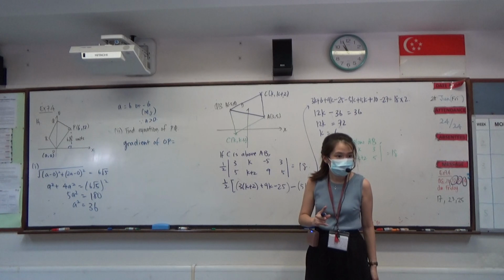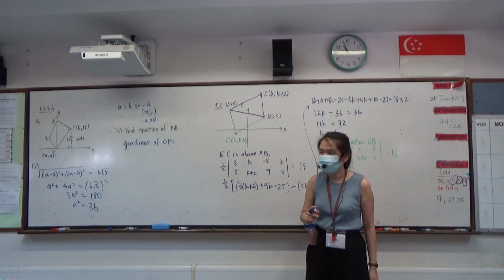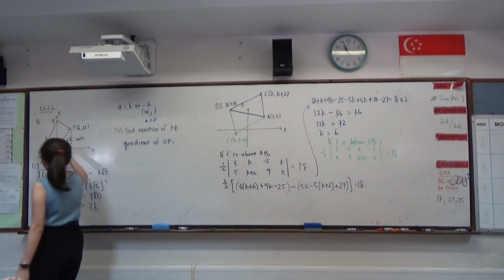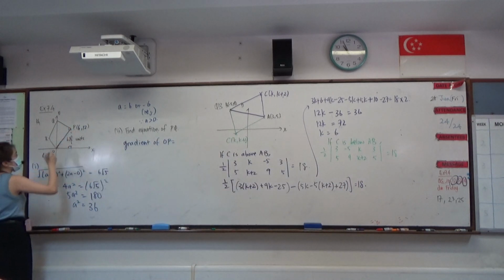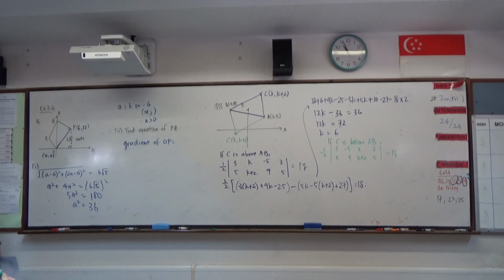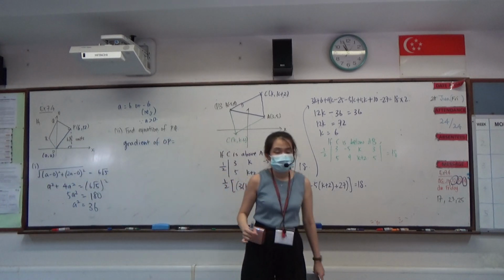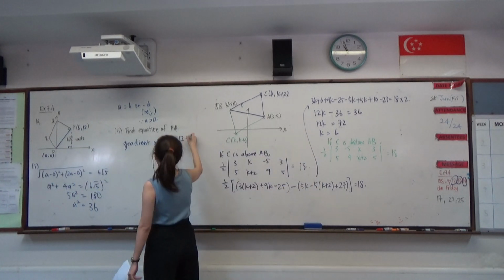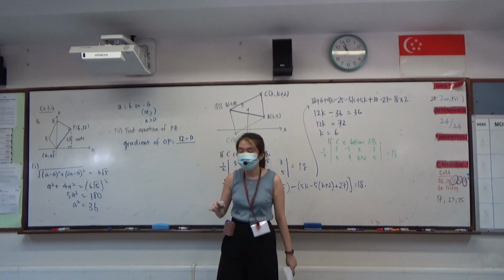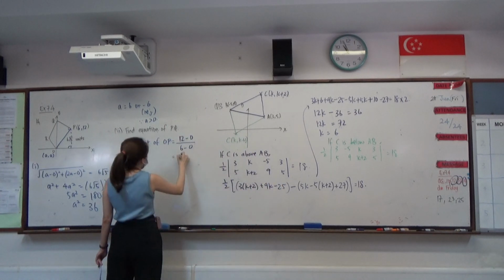OP is this one. How to find the gradient of OP? We got O coordinates, you got P coordinates. 12 minus 0 over 6 minus 0, so that gives us 2.